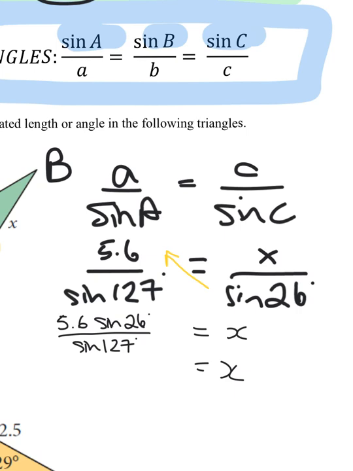If you have your calculator at home and you have a two-line display, meaning you can type things in and you see exactly what you're typing, type it exactly as you see it. Start with 5.6 times sine 26 equals, then divide by sine 127 and hit equals again. Okay, so we're just going to get that calculation here.